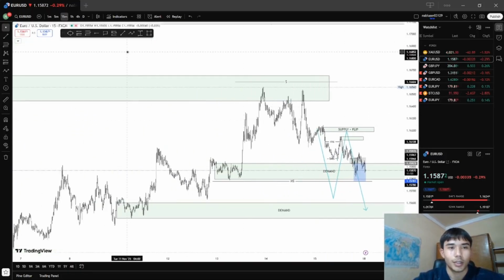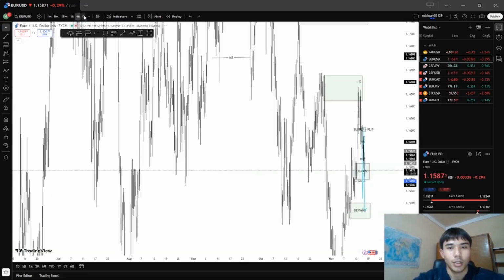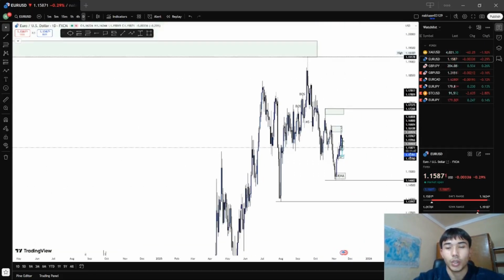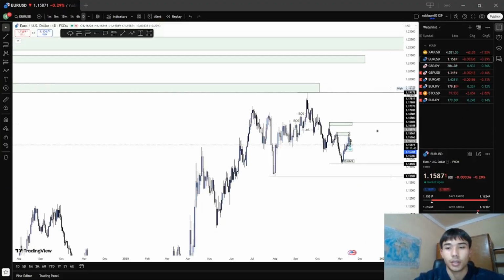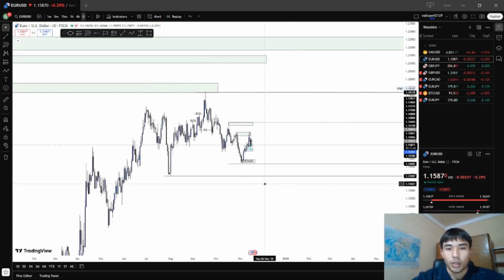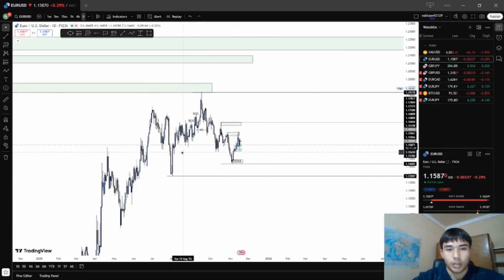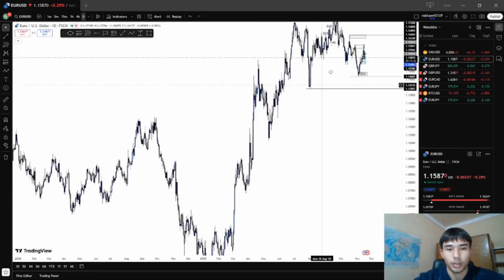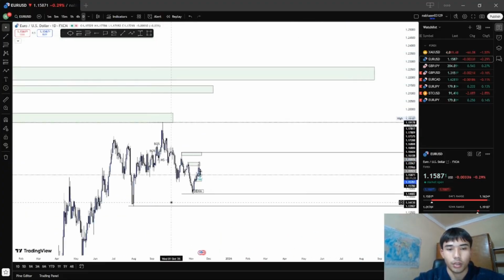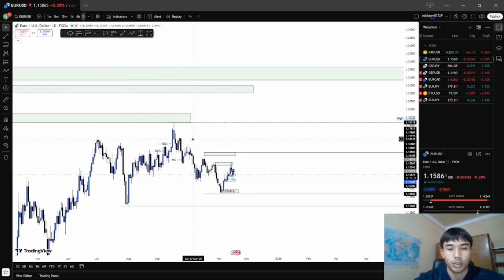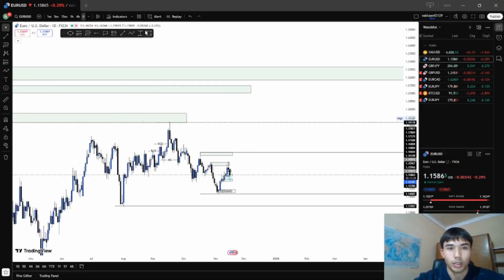So let's analyze our weekly time frame, weekly analysis. Let's see our weekly analysis. Our daily swing is here. On our daily swing, we are seeing a really good pullback. All right, really good pullback.